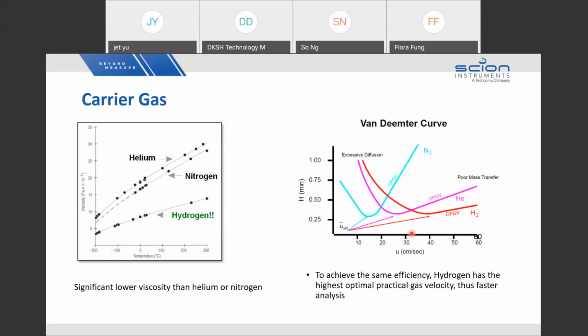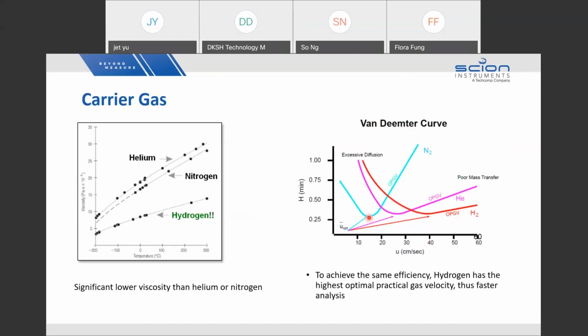You look at these three. In order to have the same efficiency, which carrier gas has the highest velocity? Obviously it's hydrogen, right? For nitrogen, you just need about 15 cm per second.